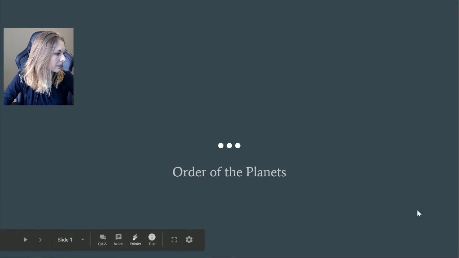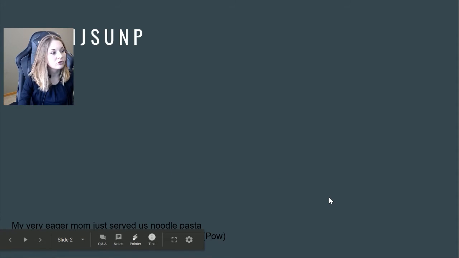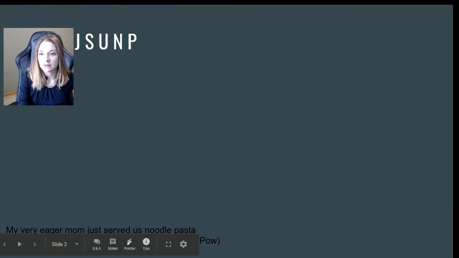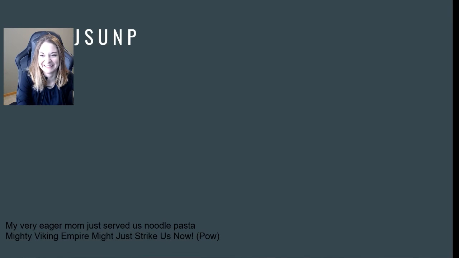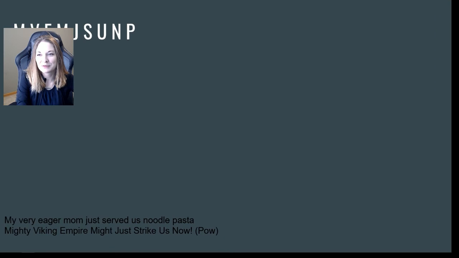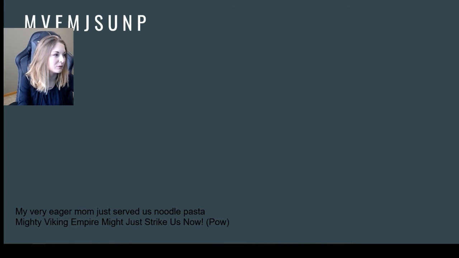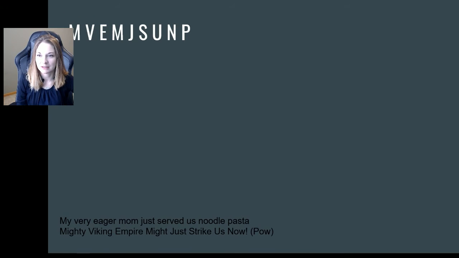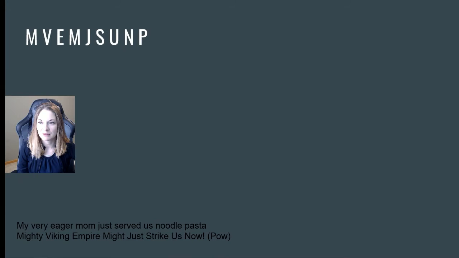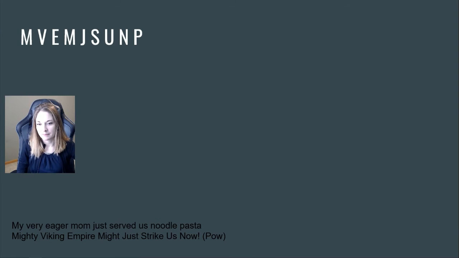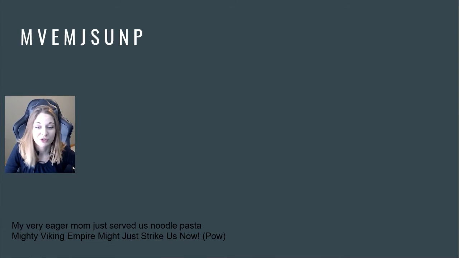So usually in class, I would have you guys brainstorm different ways to remember the order of the planets. My very eager mom just served us noodle pasta is one way to remember it, but these stand for the different planets.